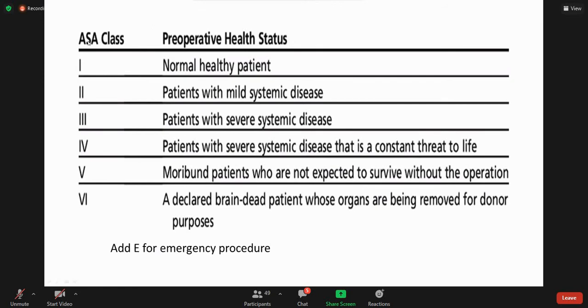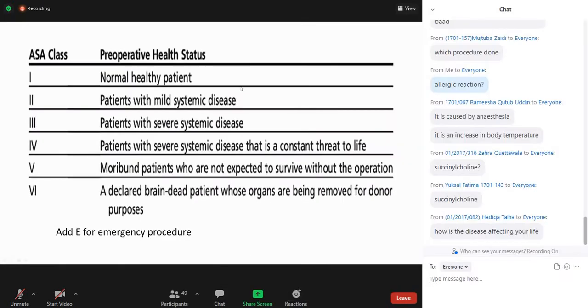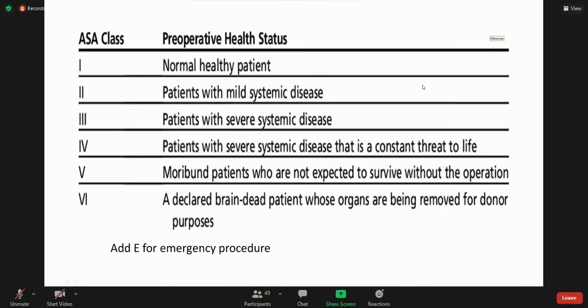American Society of Anesthesia, right? So the American Society of Anesthesia has classified the perioperative health status of the patient into six categories basically.